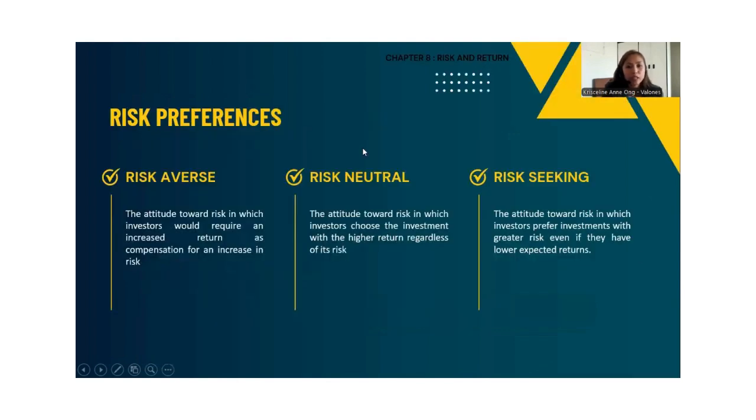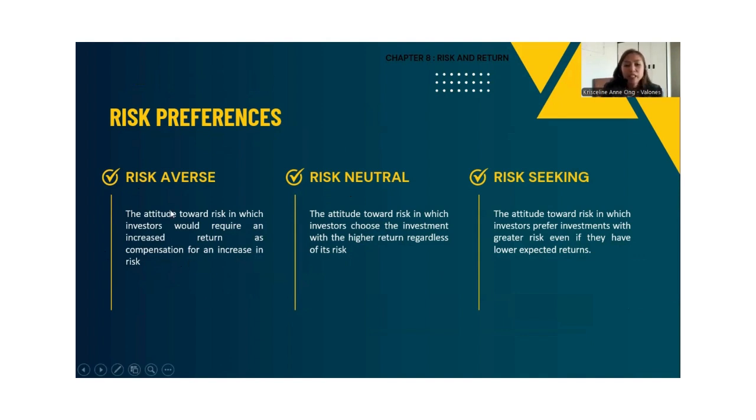In risk preferences, there are three kinds of investor. If you're an investor, are you risk averse, risk neutral, or risk seeking? If you are risk averse, your attitude towards risk requires increased return as compensation for an increase in risk.